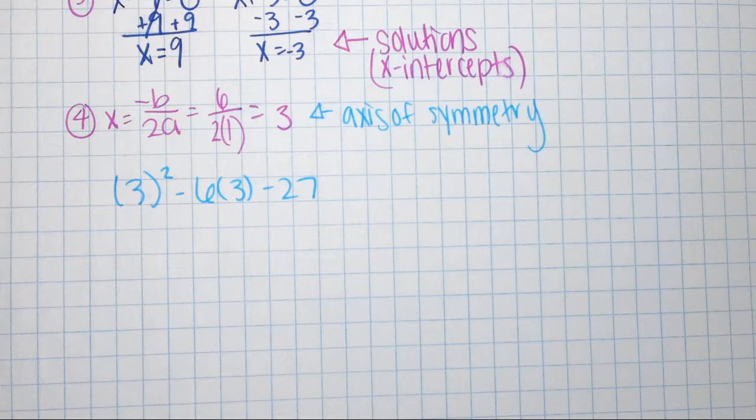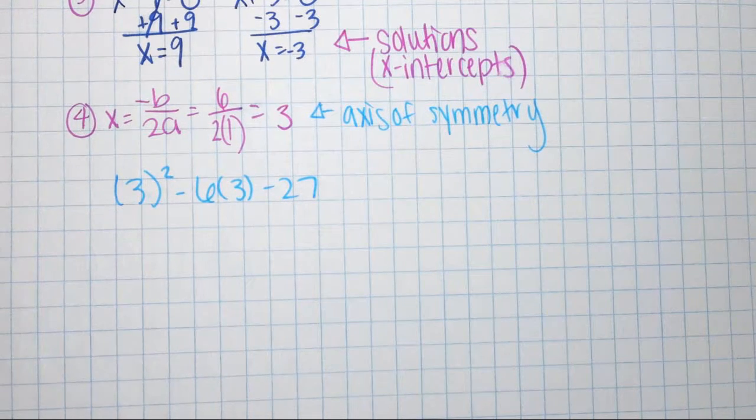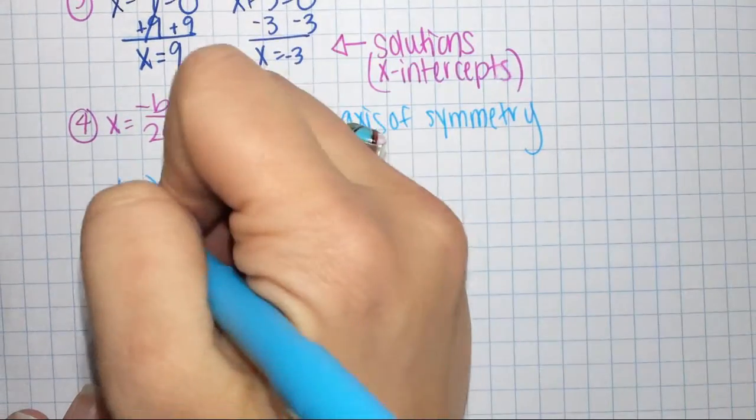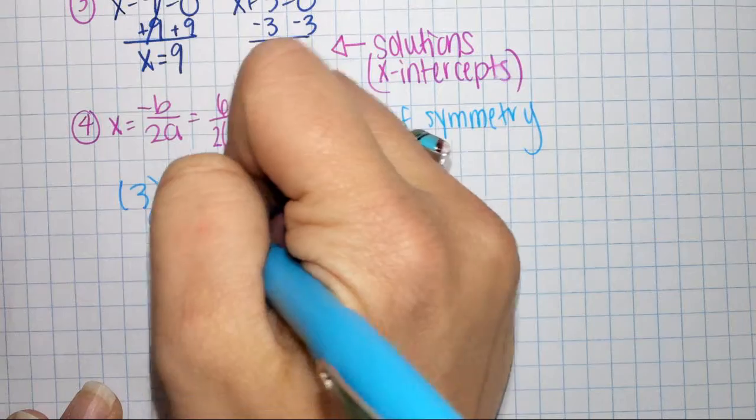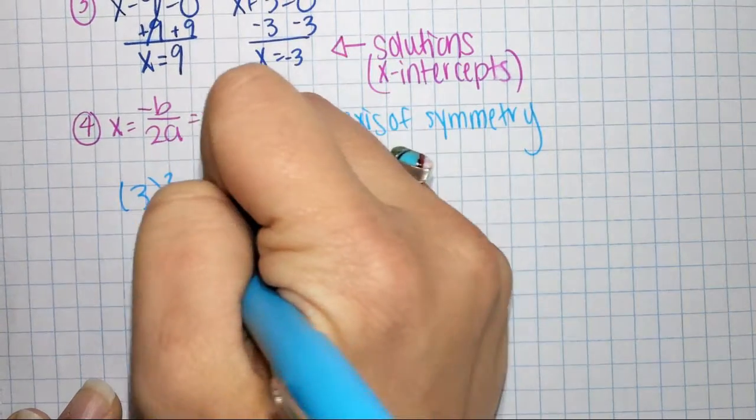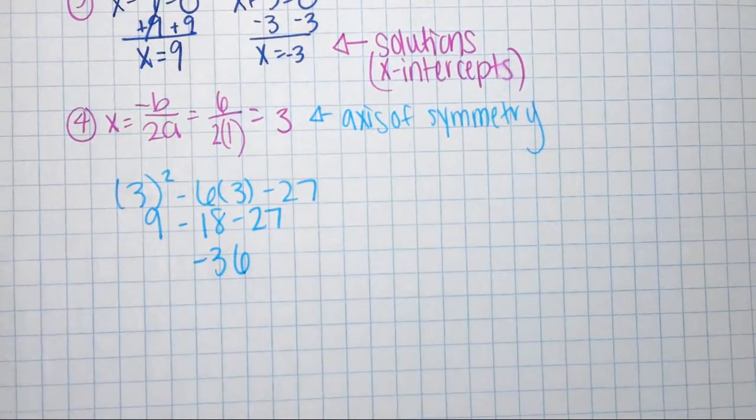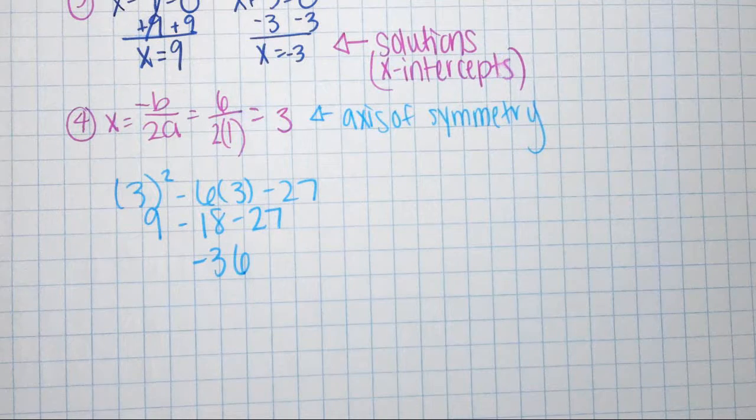The y value of your vertex. Negative 33. It's negative 36. How many of us got negative 36? Put your hand down. Take a point.